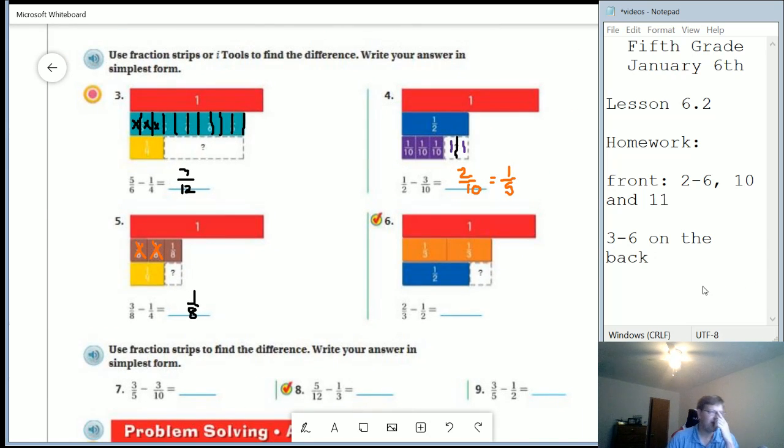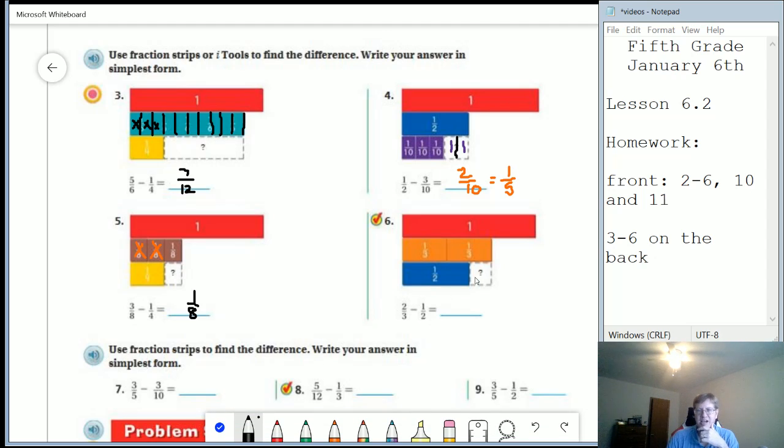And for our last one, we want to go ahead and change this. So we can go ahead and find a common denominator for 3 and 2. And so if we do that, we can go ahead and finish drawing out our shape if we need to. We might not need to, actually, because you should be able to tell from looking at that.